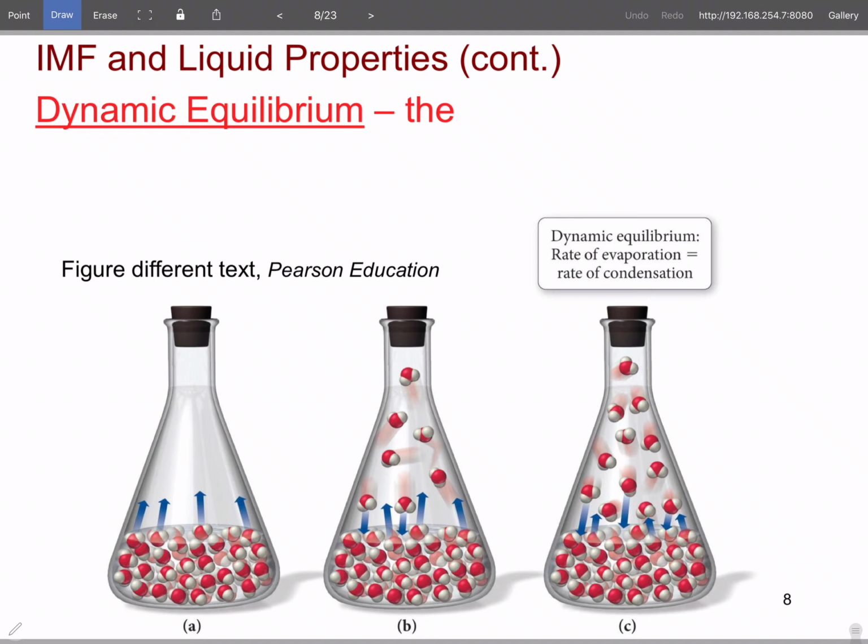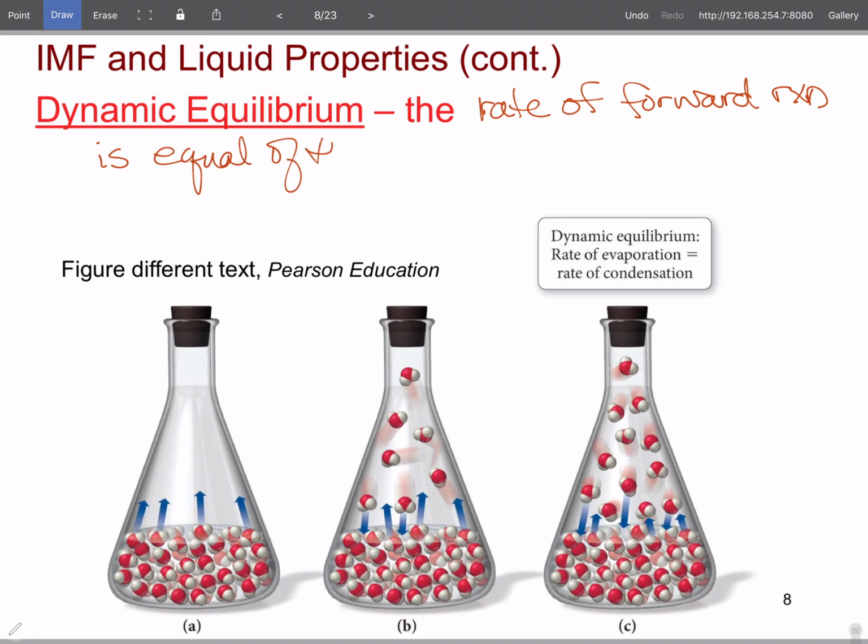Okay? Dynamic equilibrium, remember, is where the rate of the forward reaction or process is equal to the rate of the reverse reaction. So what we're basically saying here is that things occur at the same rate.